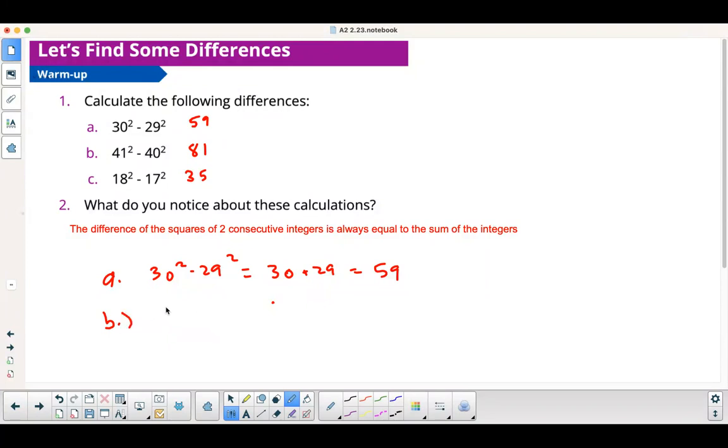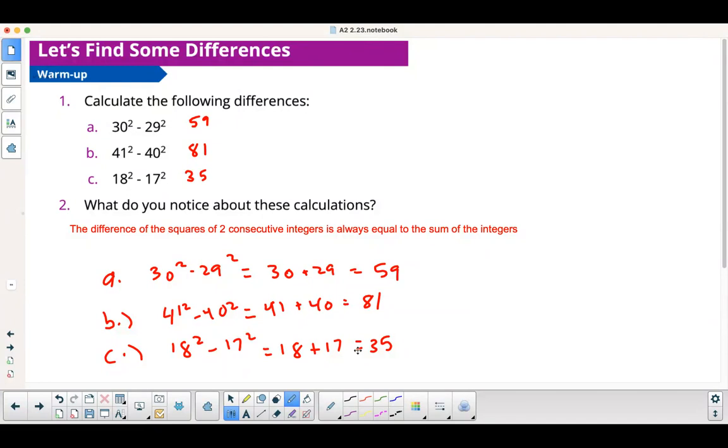I go down to B, 41 squared minus 40 squared. Should be the same as 41 plus 40, and they're both 81. And then the last one, 18 squared minus 17 squared, should be the same as 18 plus 17. So hopefully you can see the pattern, okay?